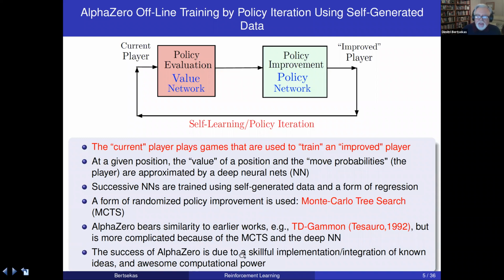So the success of AlphaZero involves ideas from policy iteration and dynamic programming, and also ideas that had been used before in the context of backgammon. Okay, so this is the offline training, and at the end of offline training, we get a player, presumably the best player that has been generated.